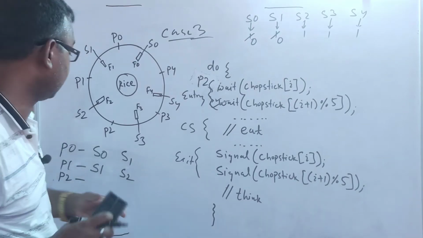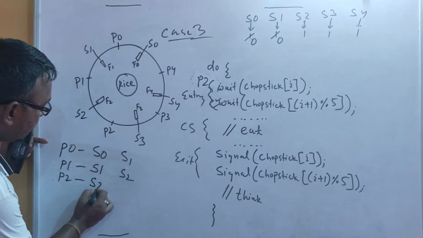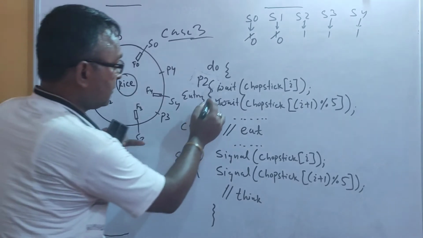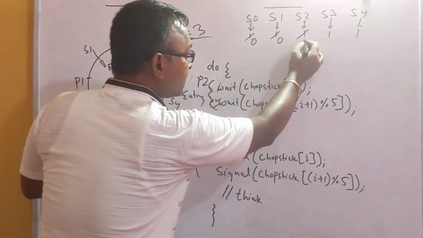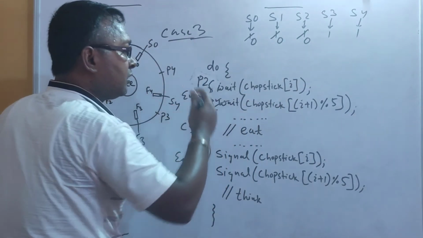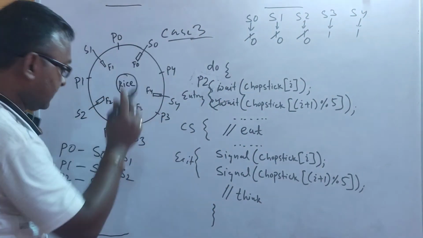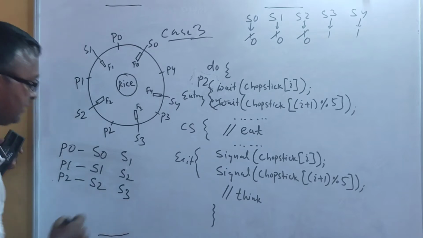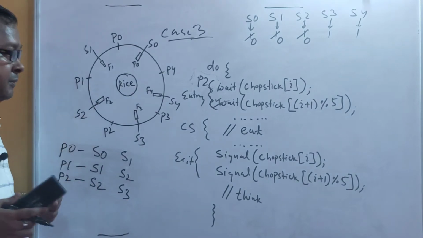That is the constraint. It executes wait on semaphore S2, decrementing the value from 1 to 0, and P2 also gets preempted. It requires S3 but is not able to access it.